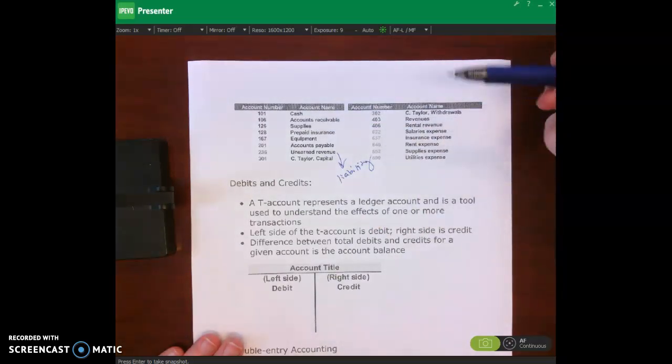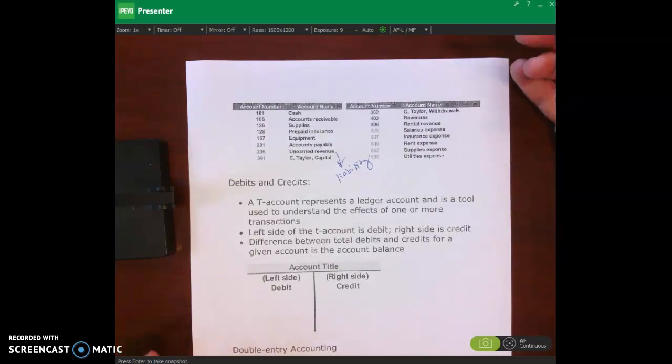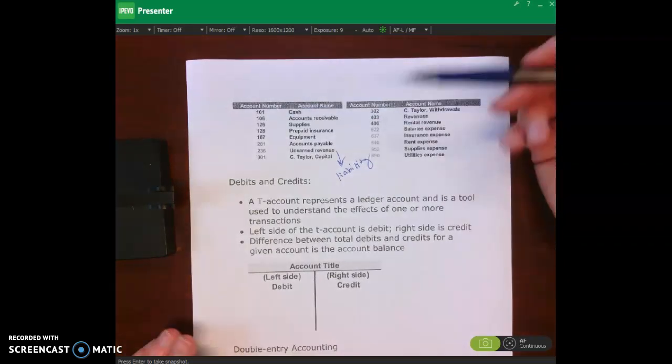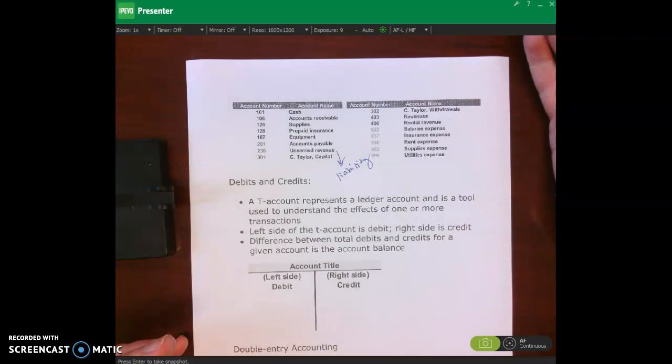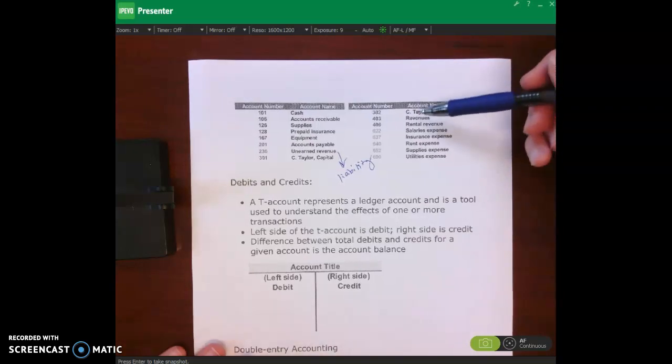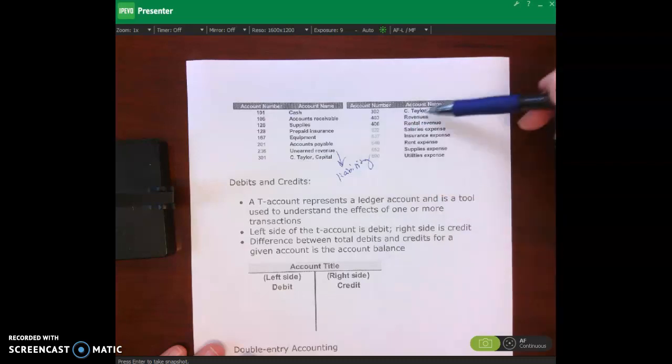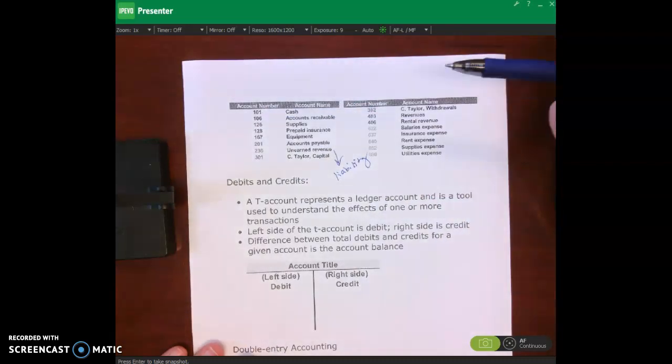When I worked in industry, we did something similar to that. Again, I don't remember if all assets started with 1 or 2, but we did start all of our expenses and all of our revenue accounts with the same number. So you can see, again, the chart of accounts is just a listing of all of our accounts and then their respective identification number.